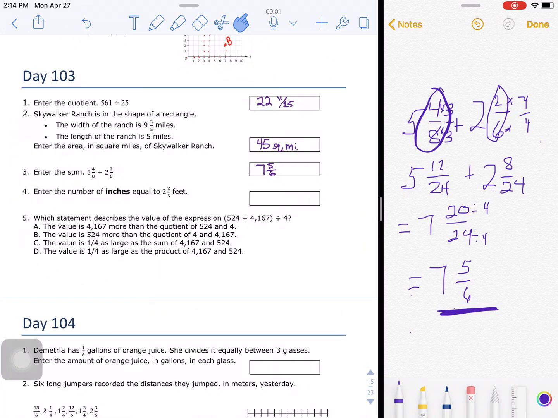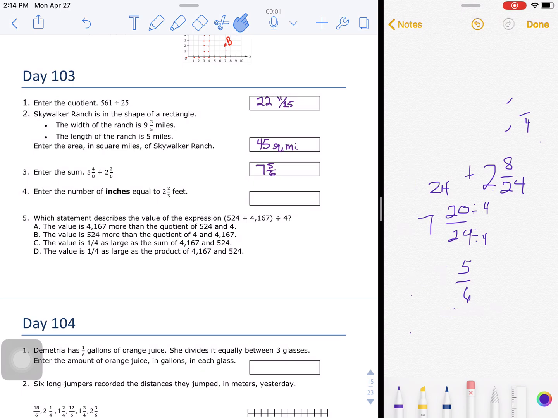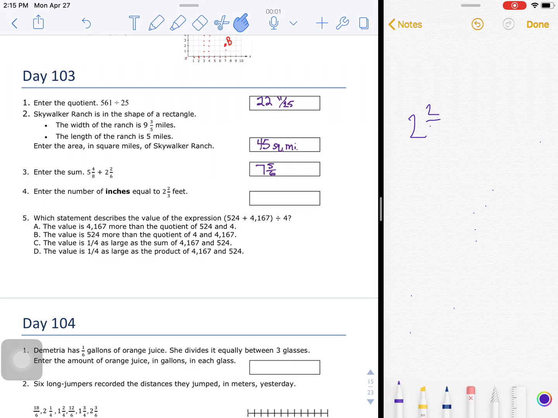And problem number 4. Enter the number of inches equal to 2 2/3 feet. So what do we need to remember? We always write down what we are given first. So we are given 2 2/3 feet is equal to blank inches.